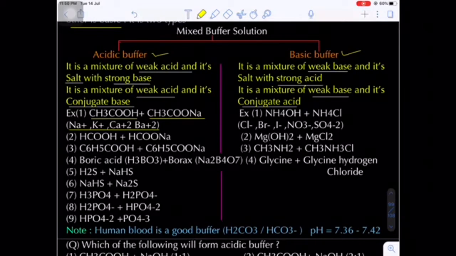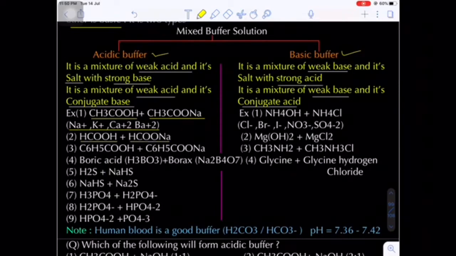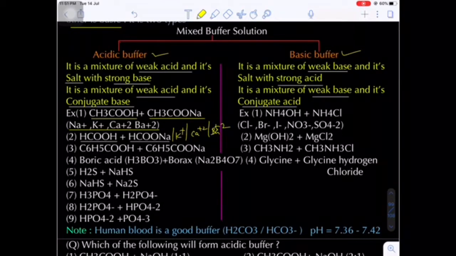That means calcium acetate, barium acetate, potassium acetate along with acetic acid is a good buffer, that is the acidic buffer. The next example, we have formic acid and sodium formate. Otherwise you can take potassium formate, calcium formate, barium formate, etc.